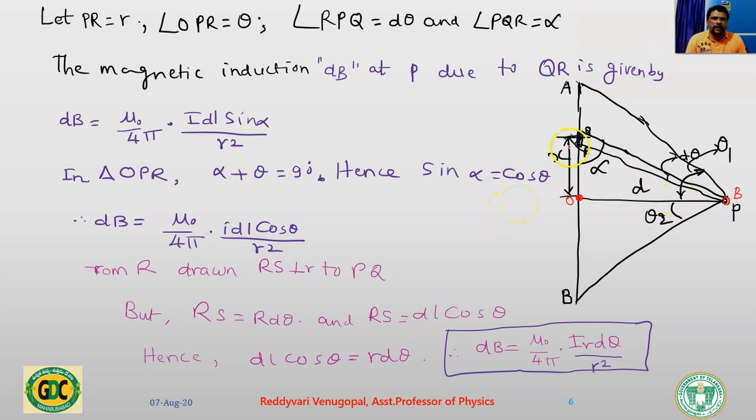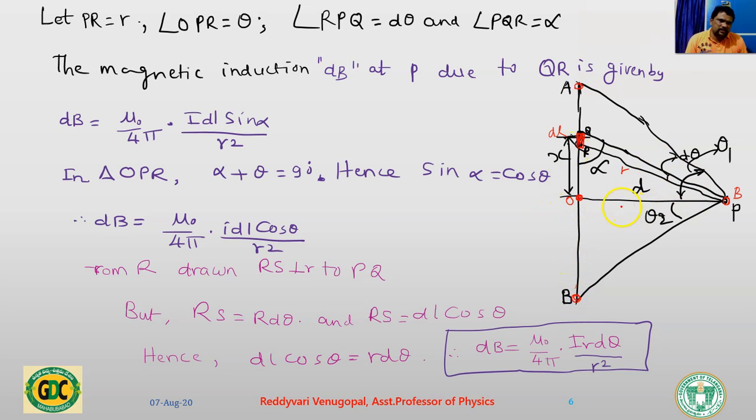For this, we are considering a small current carrying element, QR, at a distance r from this point, and that element is also situated at a distance of x from the center of the wire. We are calling this element QR of length dl. So AB is the current carrying conductor.